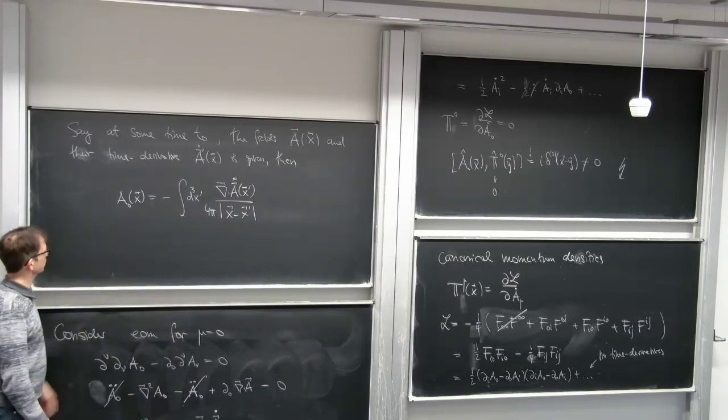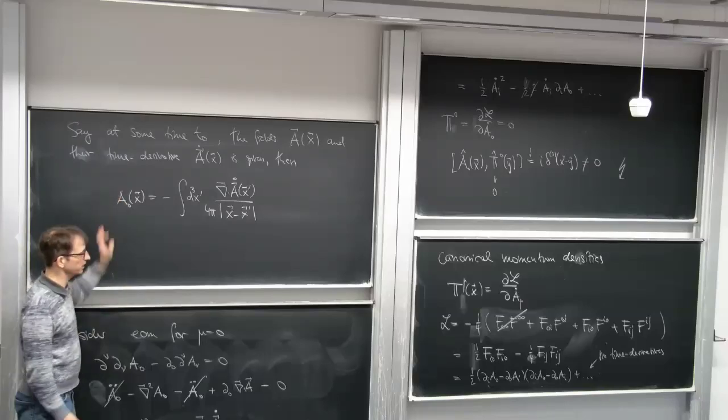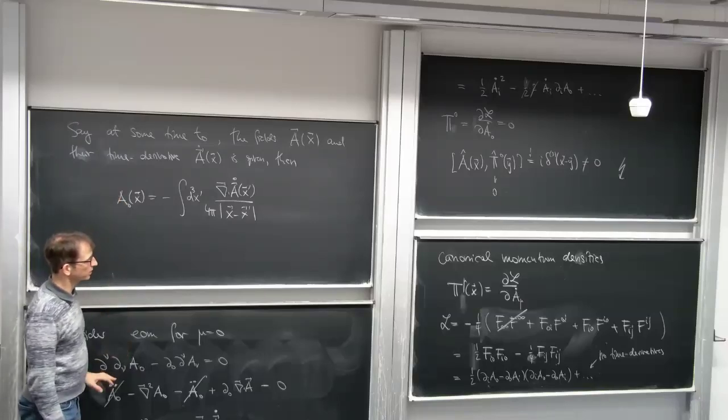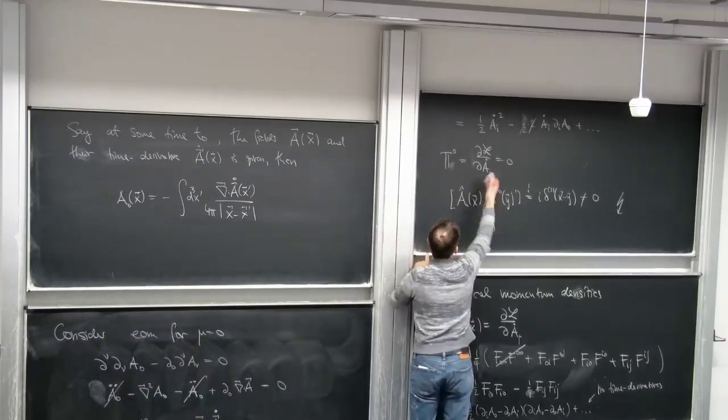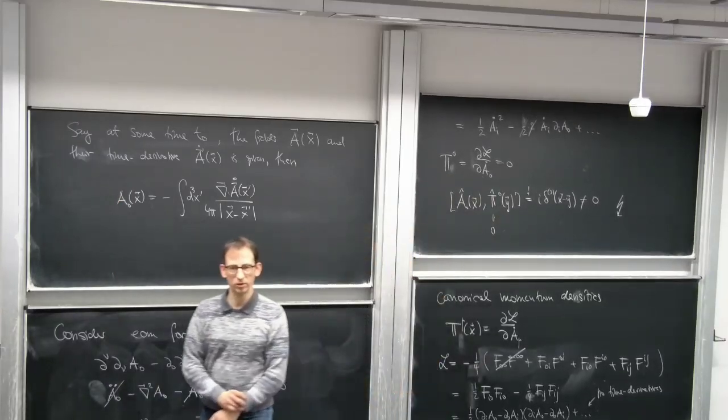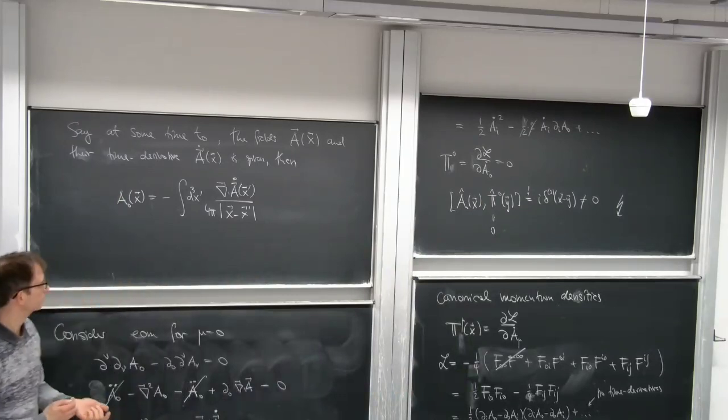It's just a consequence of the equation of motion when the others are given. So this is not really an independent dynamical variable, and therefore it's a bit awkward. The conjugate momentum of A0 is zero. So we understand why this is so. We still don't like it.